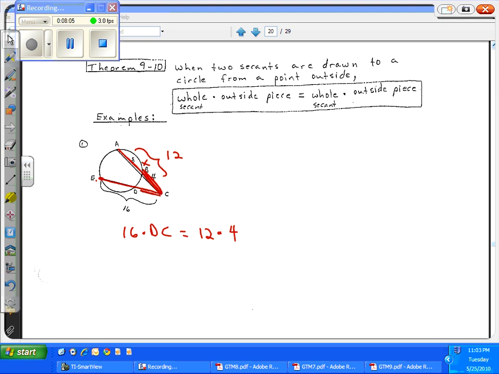So one whole secant times its outside piece is equal to the other whole secant times its outside piece. We're going to multiply. We will have 16 DC is equal to 48. We're going to undo multiplication by division, and we will have DC is equal to 3. Okay?